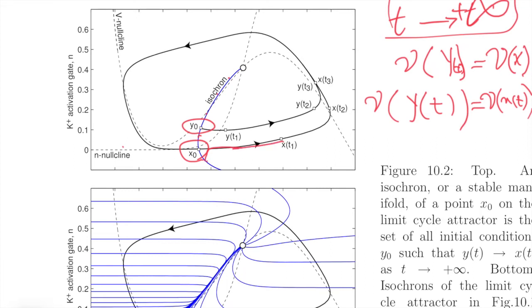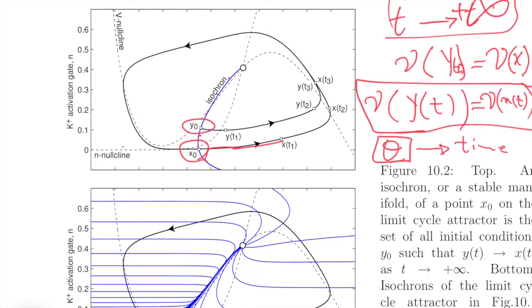And for understanding this, we say that the phase of all of these points is the same, they are equal. The phase that we talked about, theta, is the time based on the period, but we just call it nu here. It's just a name.